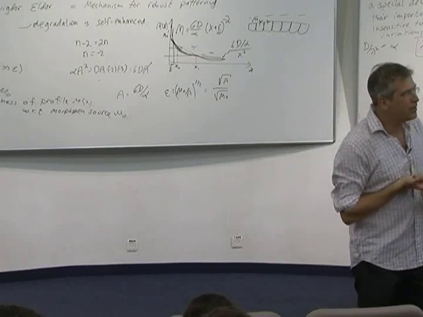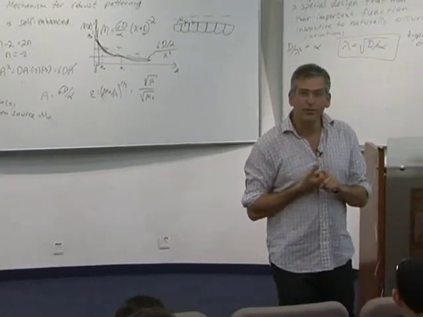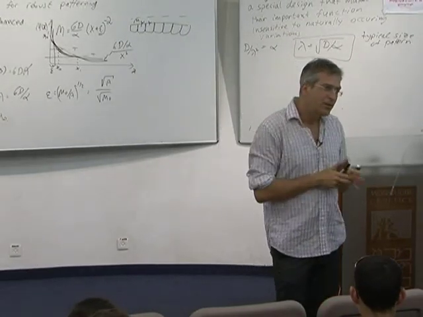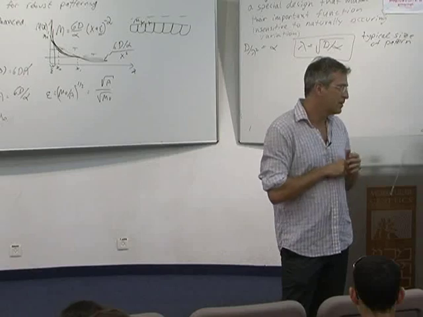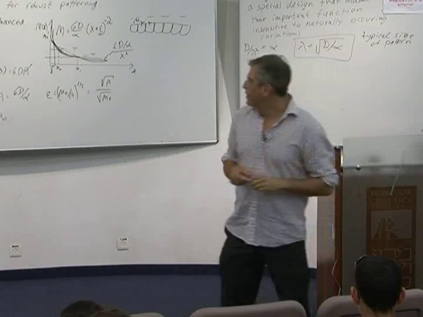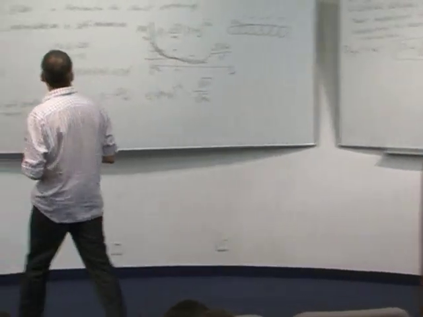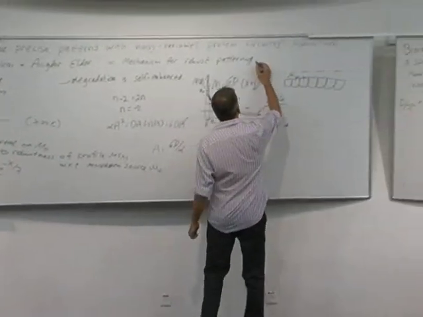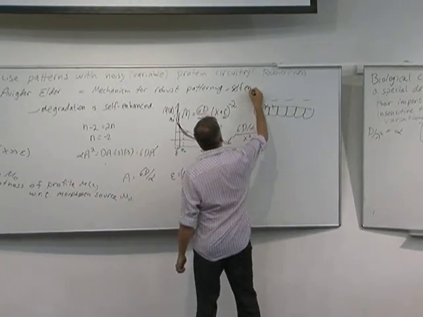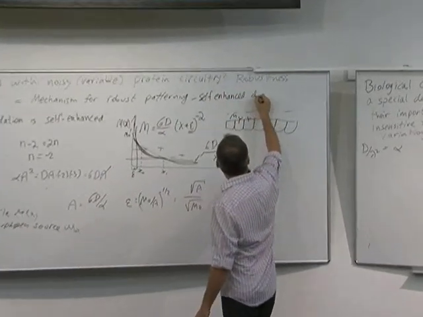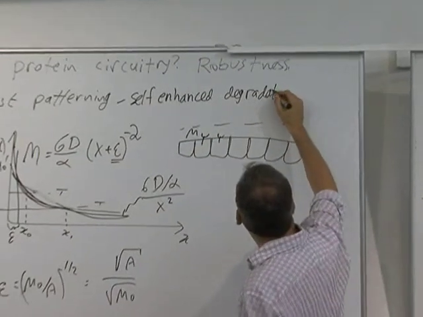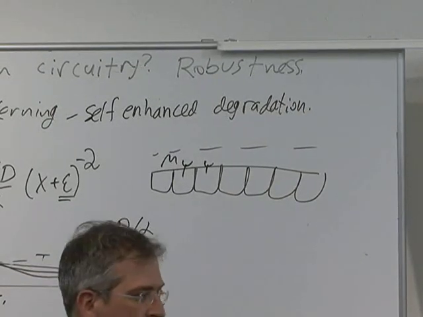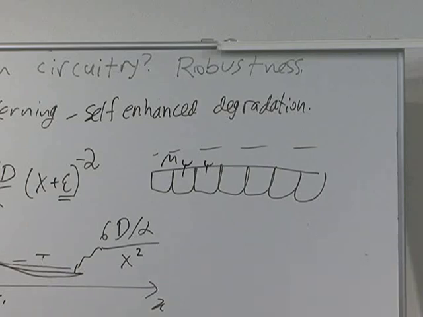And second, it doesn't depend at all on the initial source, except for a small region that you can make as small as you want by increasing the source. And therefore, this mechanism, self-enhanced degradation, gives you long-range patterns that are robust.